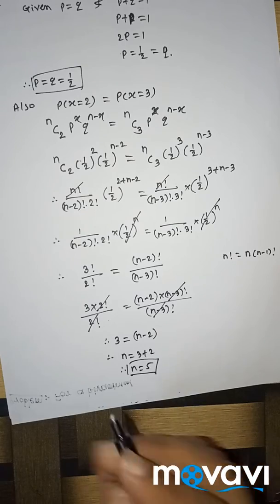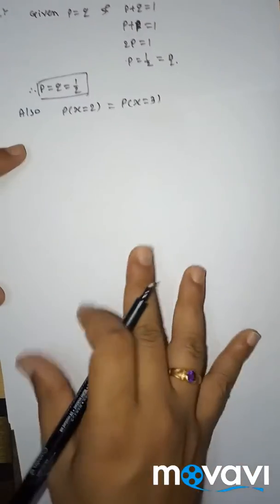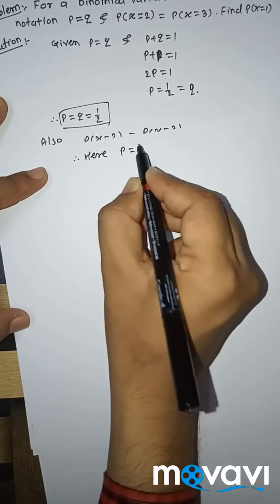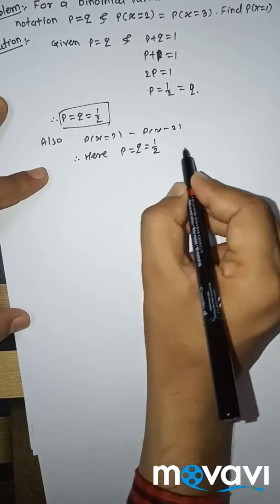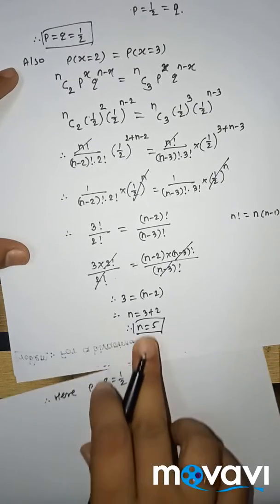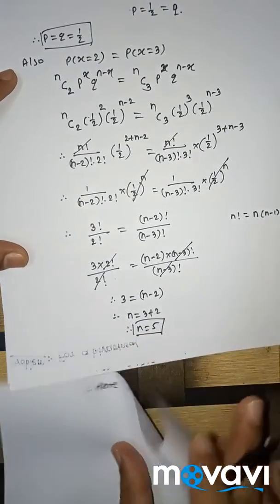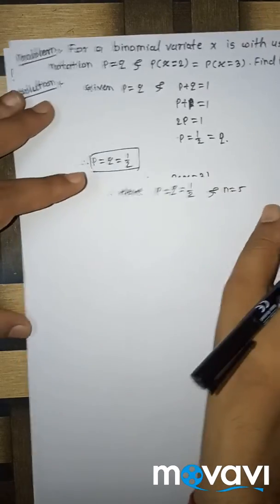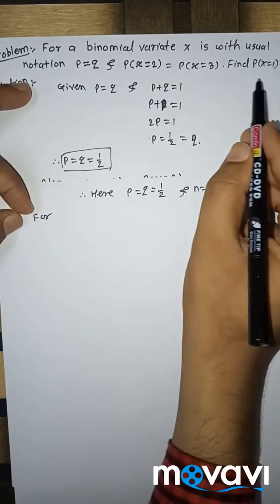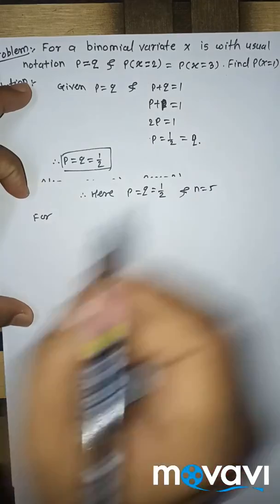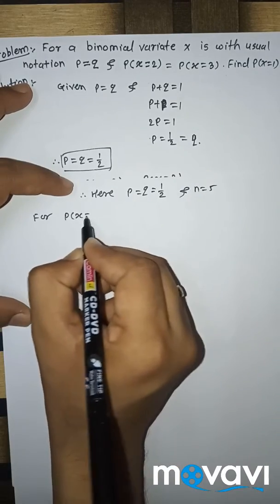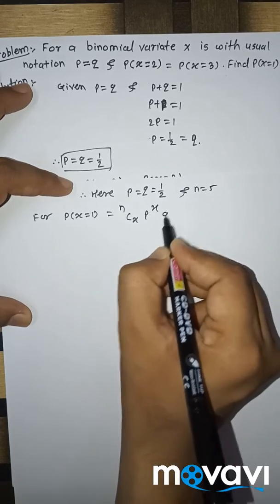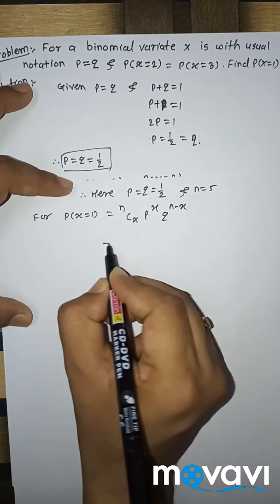Here p is equal to q is equal to half, and as we have calculated, n is equal to 5. Value of P of X equal to 1. For P of X equal to 1, our formula is nCx, p raised to x, q raised to n minus x.